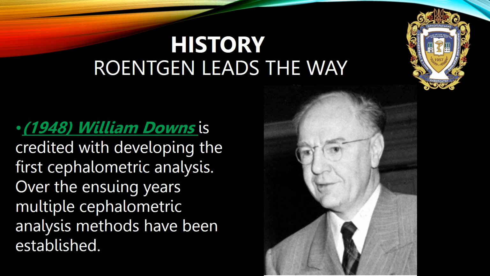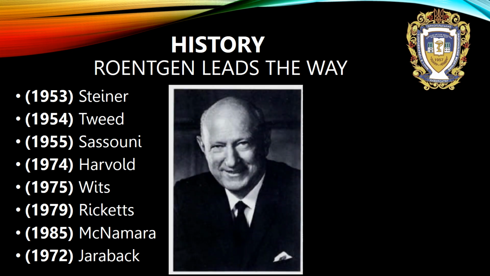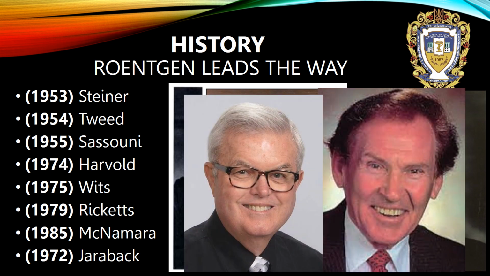Over the ensuing years, multiple cephalometric analysis methods have been established. But Downs' analysis is used till nowadays. And many other doctors, like Steiner, Tweed, Sassouni, Harvold, Ricketts, McNamara, Jarabak, proposed their own analysis.